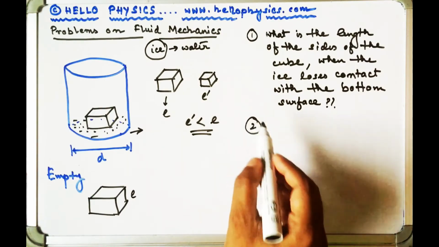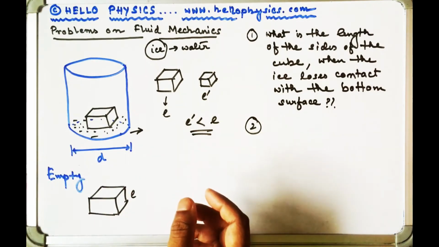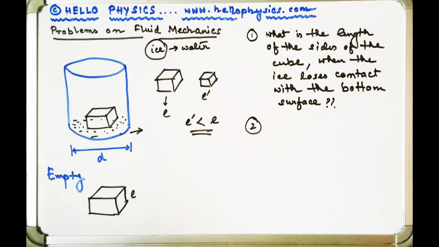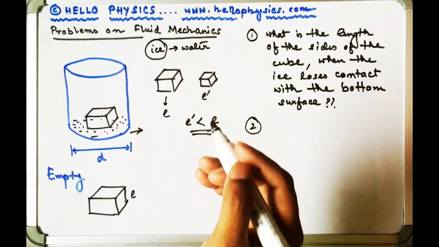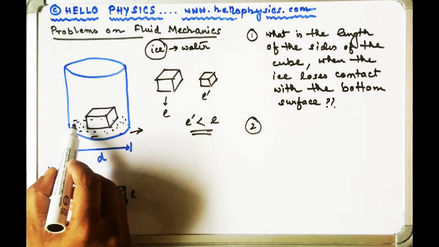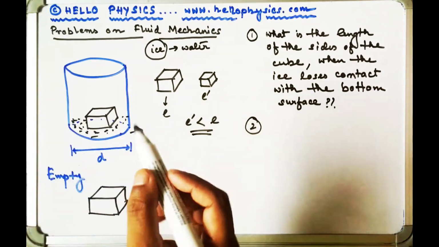The second part of the problem is similar, but the statement is a little different. Once again, let's say we have the same container, but initially it is not empty. Initially, let's say it is filled with some oil.